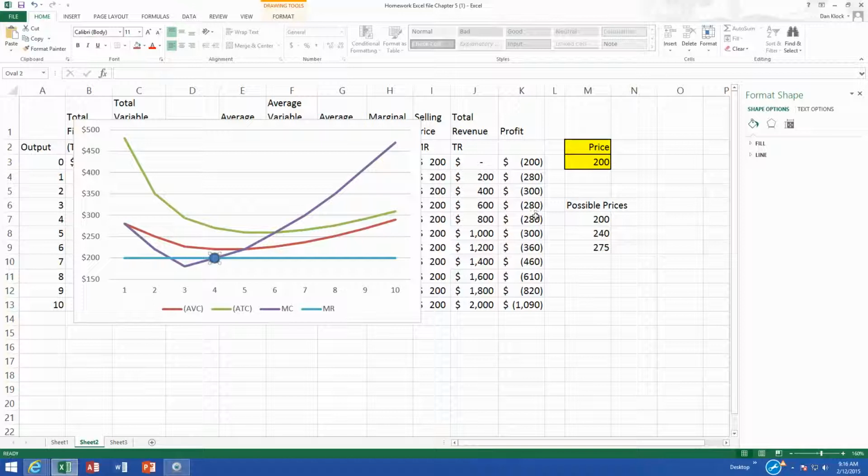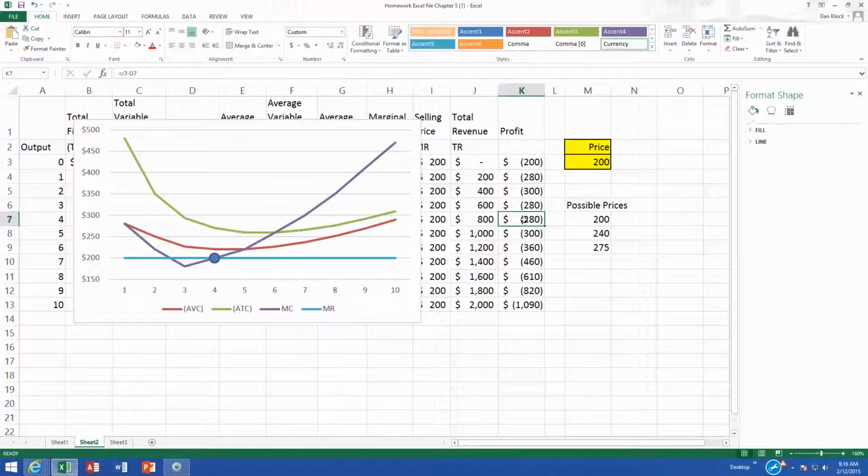My profit maximization point is negative 280. If I close down, I'll only lose 200. So if I'm below my average variable cost, we have to close down. It makes more economic sense.